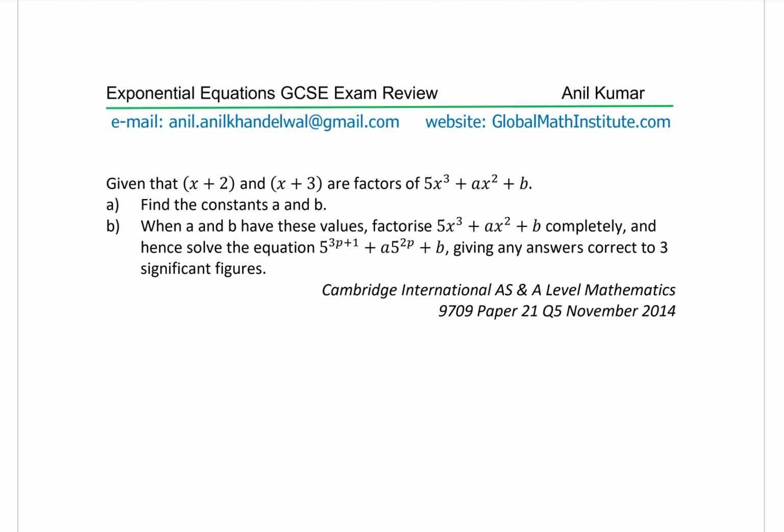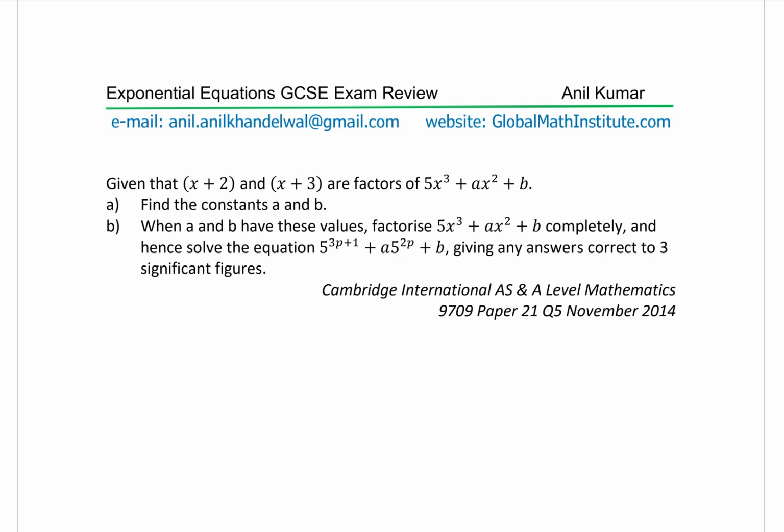Then we have to solve the exponential equation. So it's kind of very interesting. However, they have also shown you steps to solve the final equation. So I hope you are understanding the strategy of how to prepare for this particular test. And I'm keeping that in my mind while sharing with you my series on exponential equations exam review. Correct? So now let's look into this question once again.